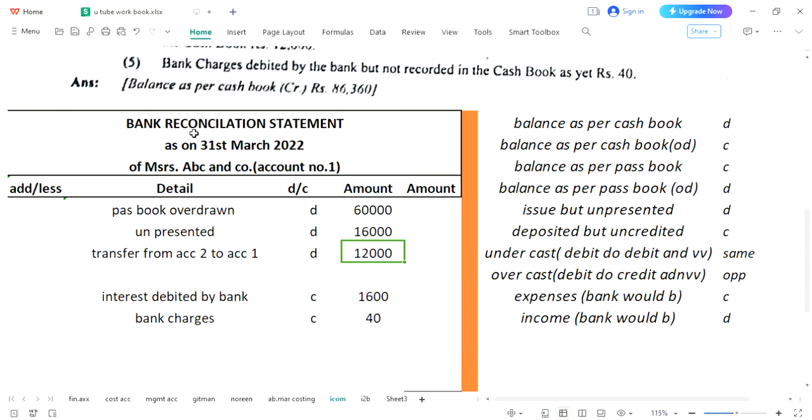Now let's take the next step: the sum of all the amounts present on the debit side, and then the sum of all the amounts present on the credit side. Both amounts have been written.